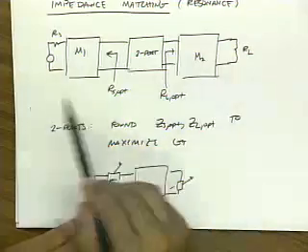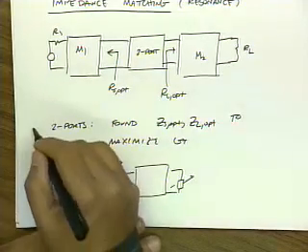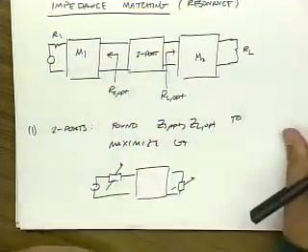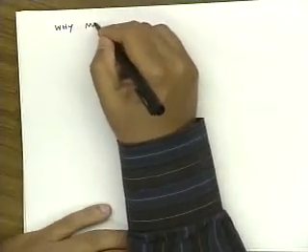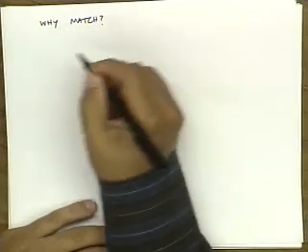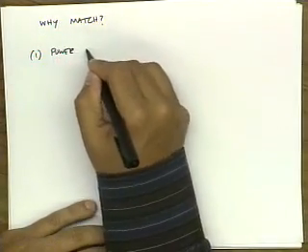We can't really change the source and load, but we can design matching networks around our device. But what are some other reasons why we'd like to play the matchmaker, if you will? So the question is, why match? Already we see that we get the maximum power gain.